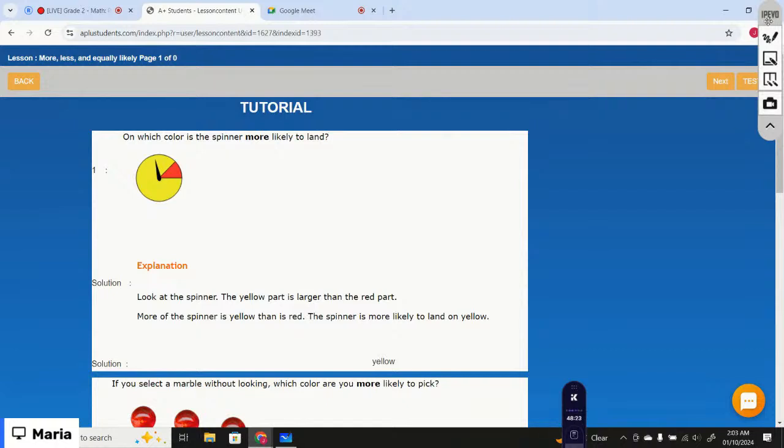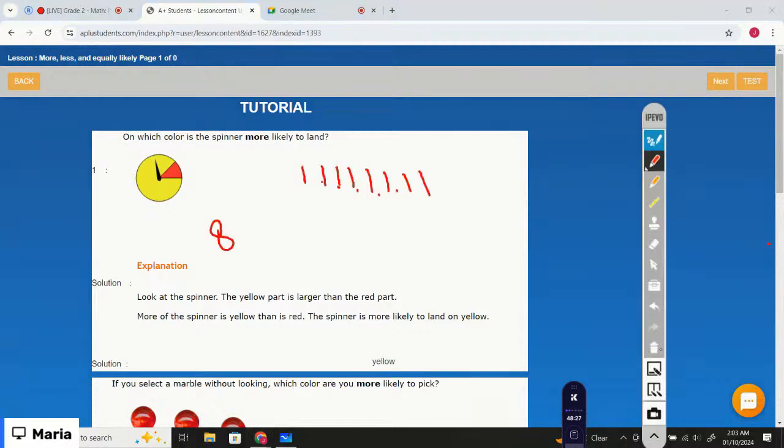So let's just look at the spinner, right? The spinner has two colors, the yellow one and the red color, right? Most of the portion of the spinner is yellow, a very small portion is red. That means whenever you spin the spinner, it will more likely land on yellow because the most portion of the spinner is yellow.